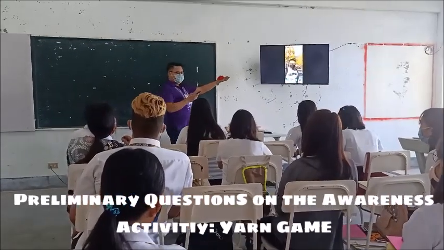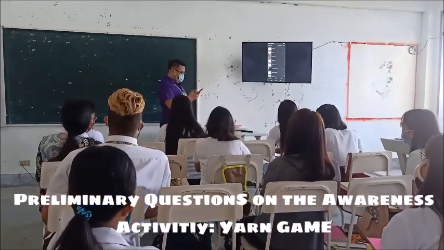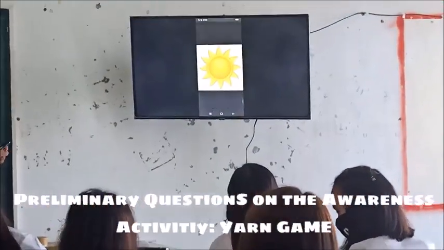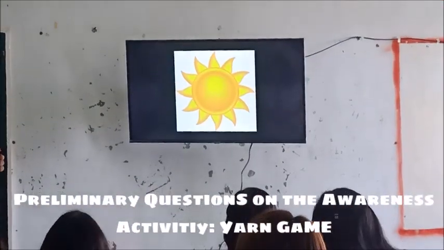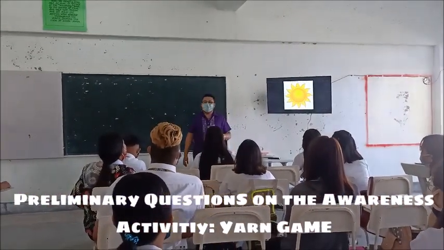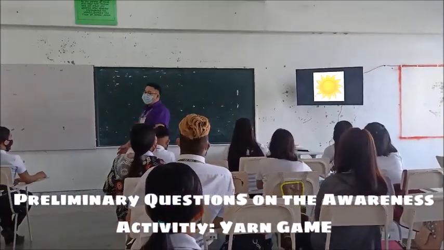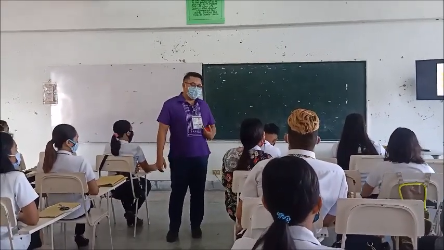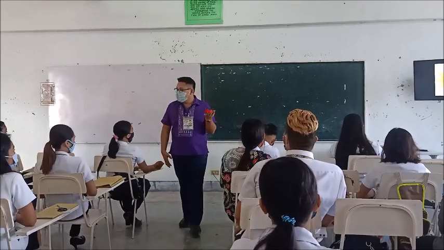Let me show you a picture. Please look here at the TV. So I have here a picture of this one. What is this? Sun. Alright. So, what can you say about the sun? How do you feel when you are under the sun? You feel warm. Okay.